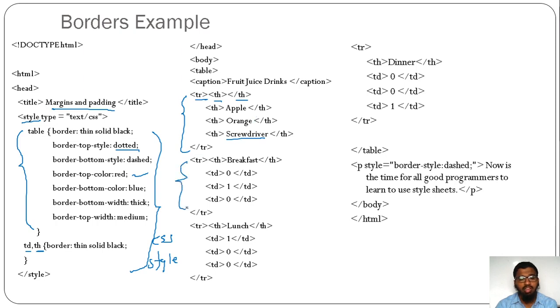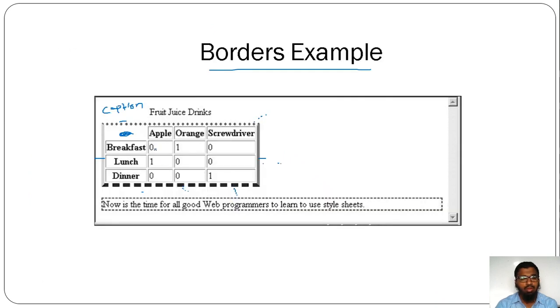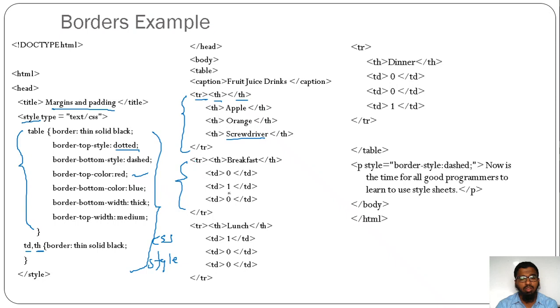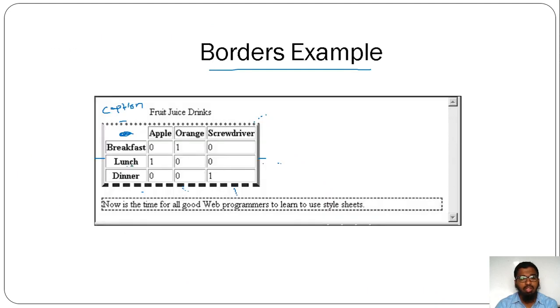Next, second row: TR, TH is breakfast, and TD 0, TD 1, TD 0. Another row: 0, 1, 0. Next row, TR, lunch, TD 100.